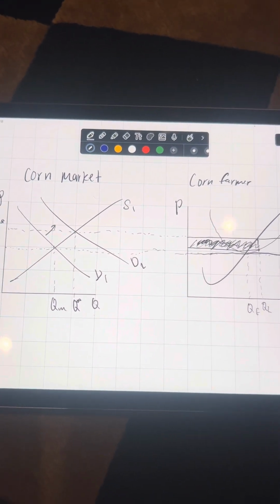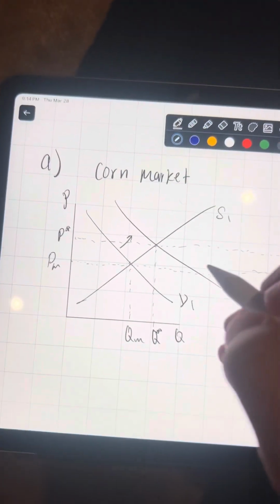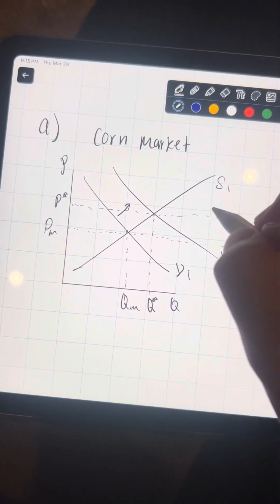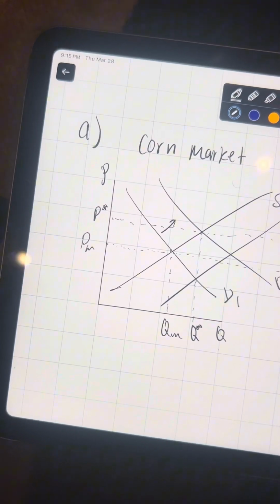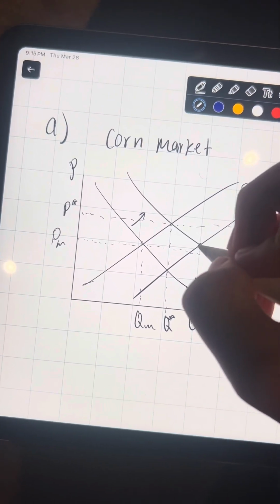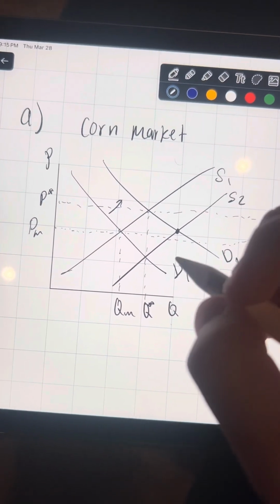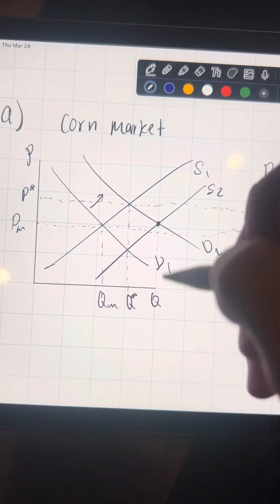And since there's no barrier to entry, the supply is going to go up. So we could label this as S2, just to demonstrate. And this is going to be our new equilibrium right here. So as you can tell, price is going to go down and quantity will go up in the long run.